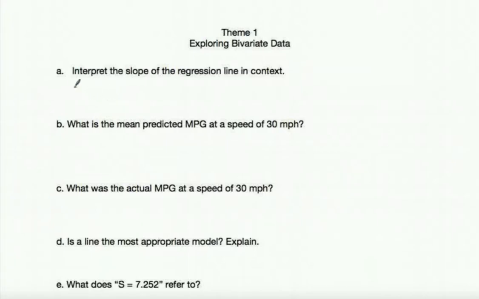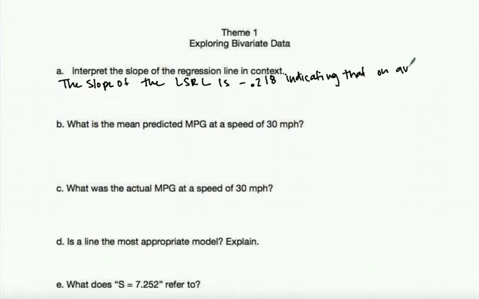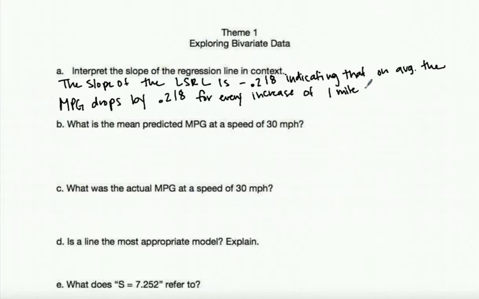So the slope of the least squares regression line is negative 0.218, indicating that on average the miles per gallon drops by 0.218 for every increase of 1 mile per hour in speed.